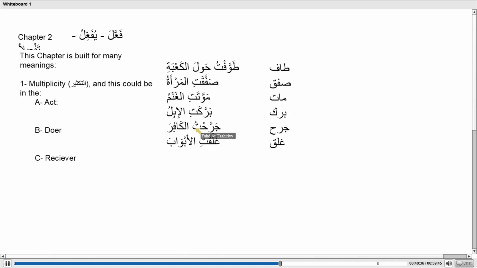Understood? Because the doer is single, and so is the receiver here. So the possibility of multiplicity only lies where? In the act. Understood?